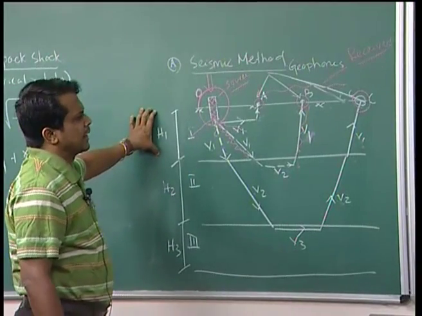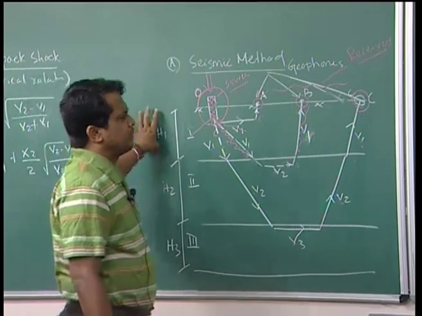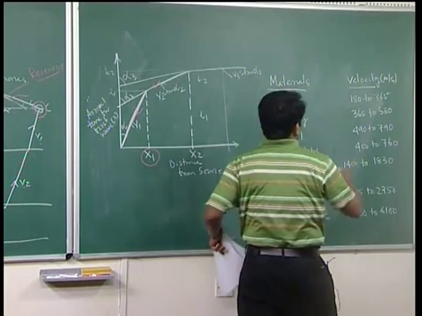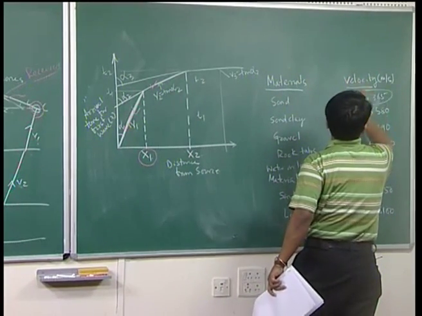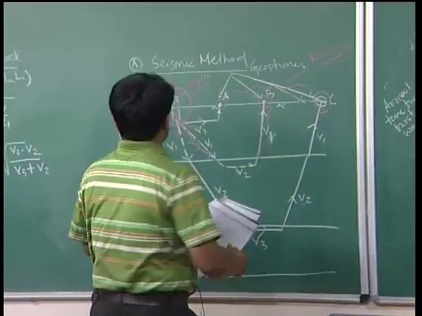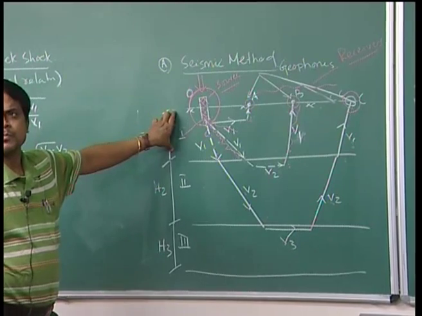Suppose I got the velocity and the distance h, whatever it is, maybe 2 meters or 5 meters, and from the velocity I get 180 to 365 meters per second. That means it will say that with this distance h1 there is a sand layer.